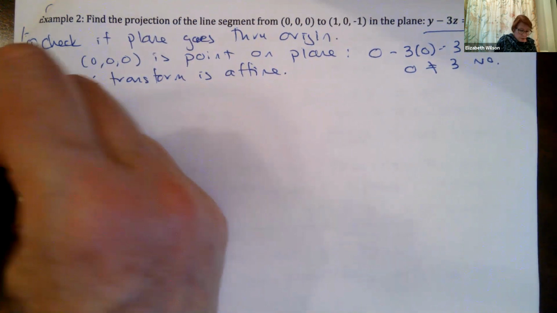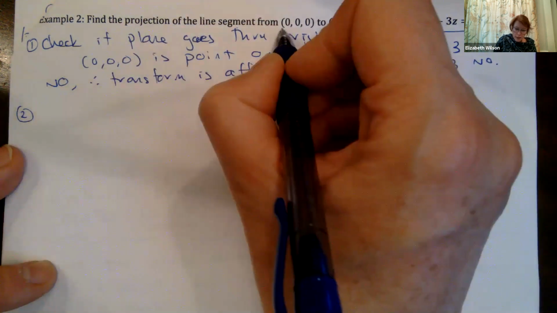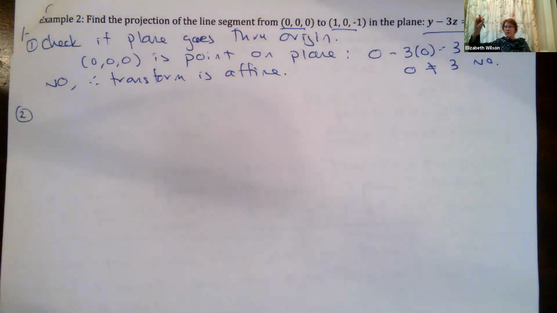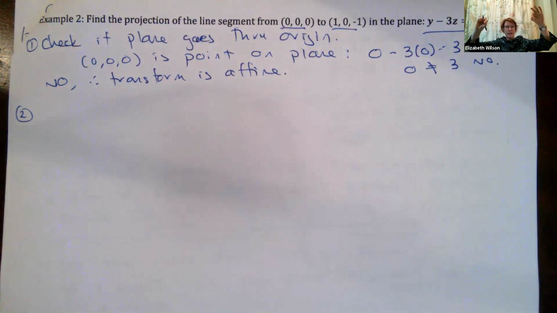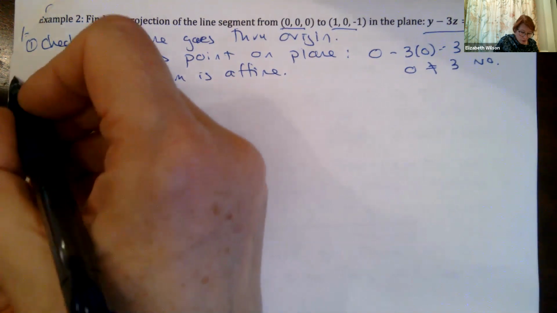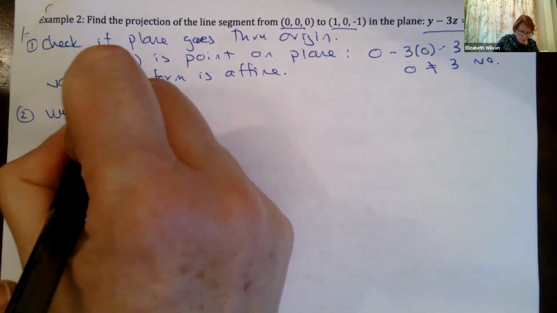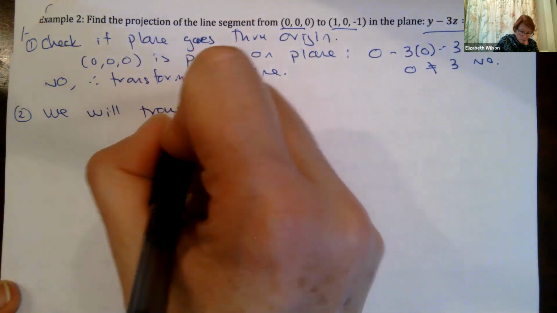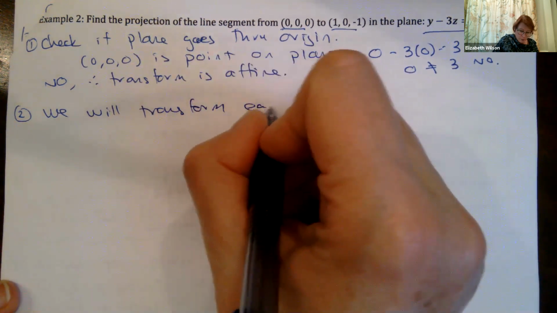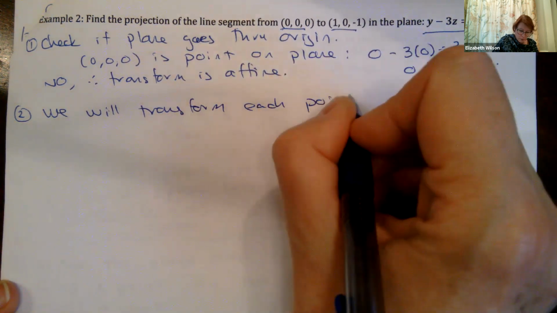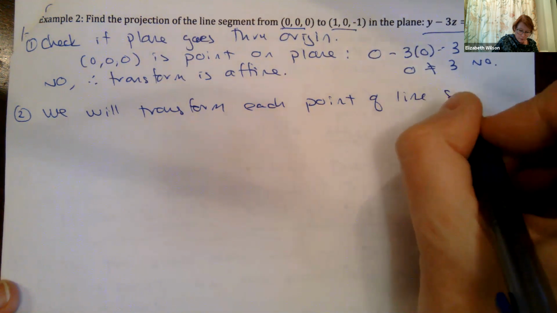Okay. So now we're transforming a line segment. A line segment is a point and it's just a line connecting those 2 points. So what we're going to do is transform point 1, right? And we're going to transform point 2, and then we're going to connect them again. So we will transform each point of our line segment.